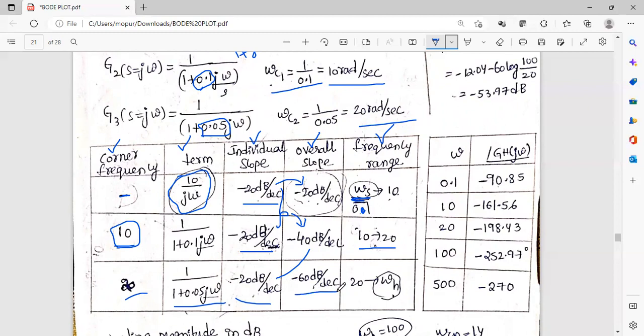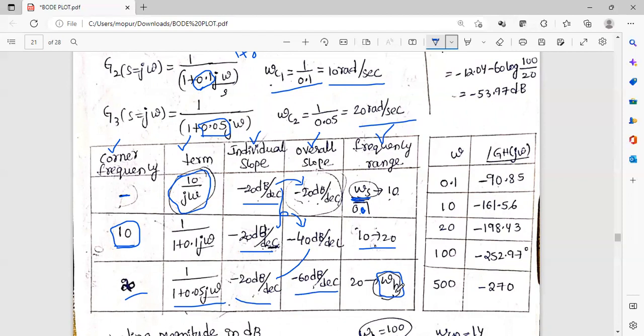Now, this straight line of slope minus 60 dB per decade starts from the corner frequency 20. Where does it end? We don't know. So we can fix some omega h as the upper limit. Omega h is the high frequency. So we can fix the starting limit and the ending limit, omega h.